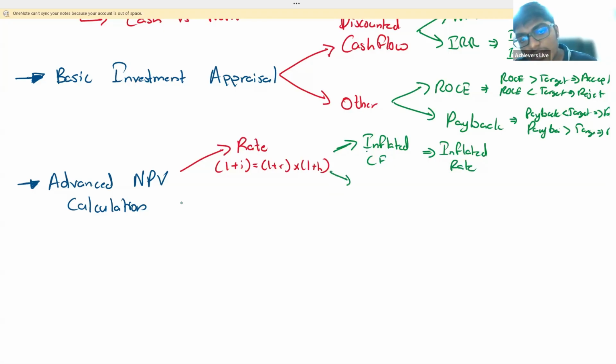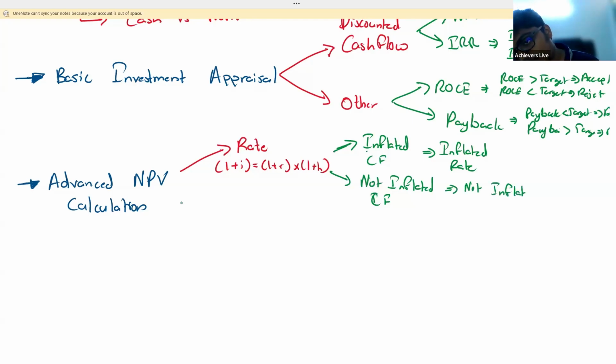If you are using not inflated cash flows, you have to use the not inflated rate. In other words, inflated cash flows. What are inflated cash flows? What is another name for inflated cash flows? Guys, make it quick.